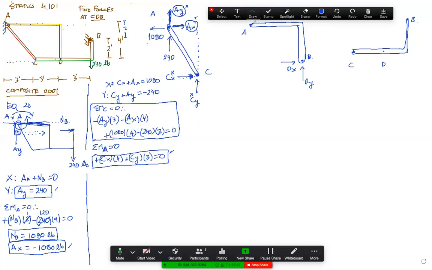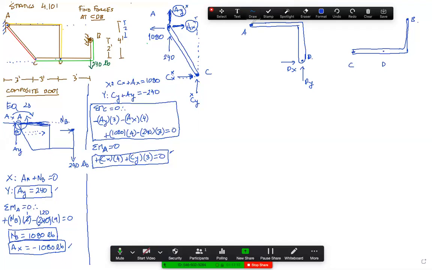Now for A, I'm going to do something that may be weird for you, but that's how I solve it. I'm going to think that this AY and this AX are not the same as what this bar is feeling. What I mean is that maybe at this point A, this bar is feeling some AY and AX as a reaction.